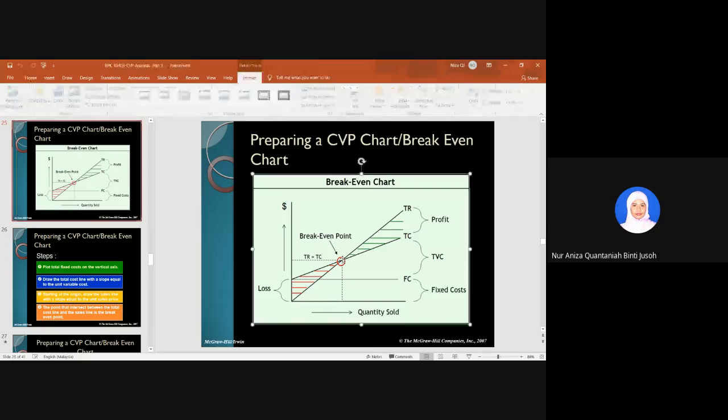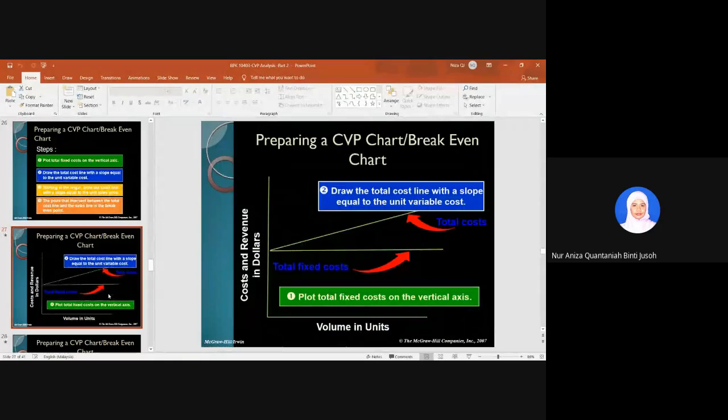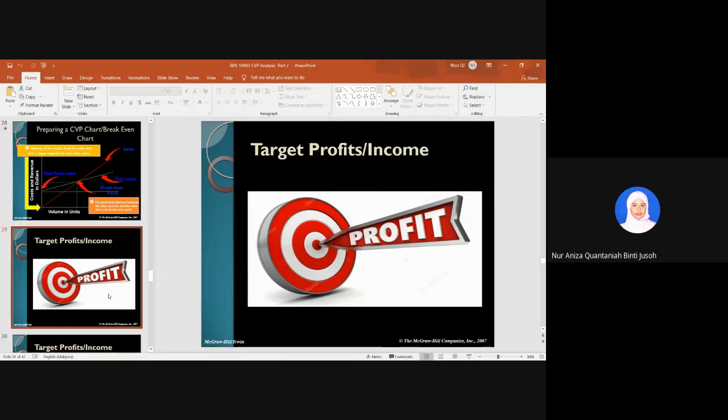And on the chart, you will have to show the break-even point, the break-even amount in dollars, and the break-even amount in quantity. So that is how you prepare the CVP chart. It is going to be asked in your exam, so better plot it correctly. So that is on the CVP chart.